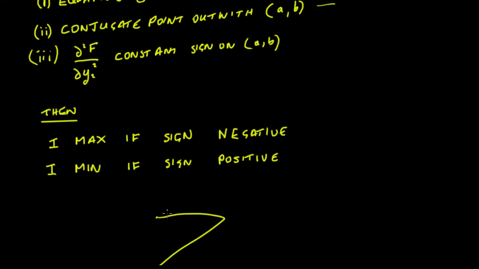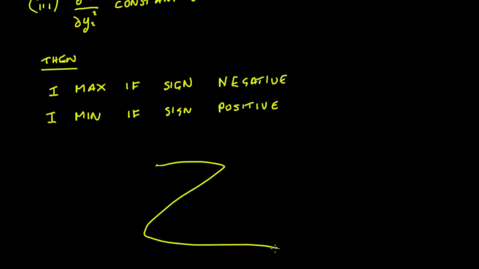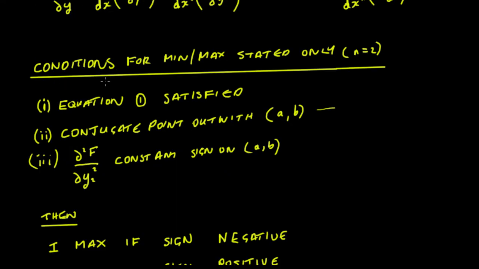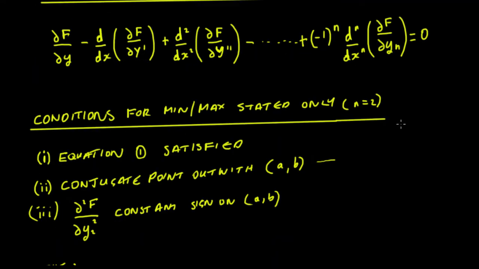I haven't proven a whole lot of it, but it's meant to be an introductory course, so we don't really need to get into that detail. If you're interested, there's a derivation of this in the Forsyth books on calculus of variations. I haven't gone over it myself, but I will at some point.